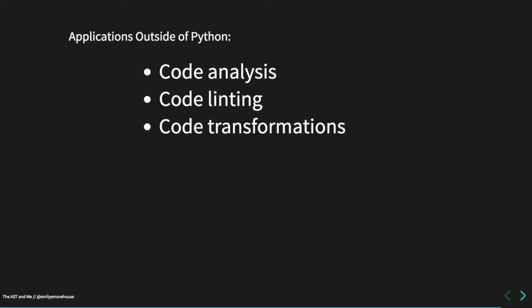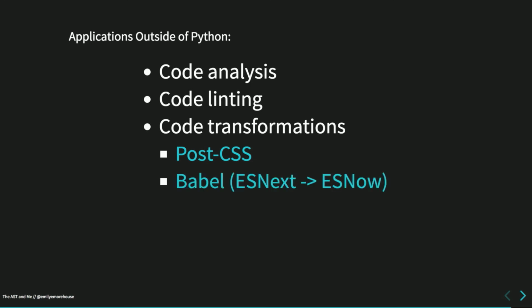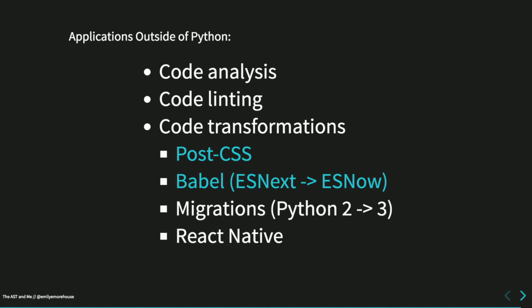Code transformations, like I mentioned, but ones outside of Python that are very popular are something like PostCSS, something like Babel that allows you to take ESNext features and compile them back down to ESNow so they can be run in all browsers. Different migrations, so if you're going from Python 2 to 3, you can utilize an AST for that. And then React Native, which is very similar to something like PyB, where you're writing code that gets transpiled down into something that can run on other devices.